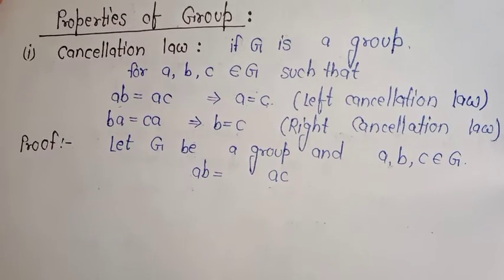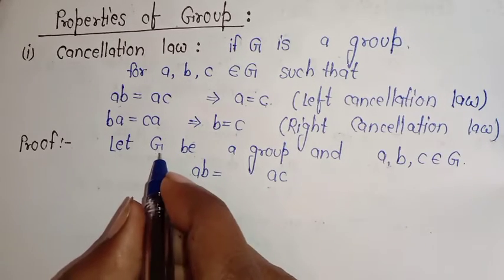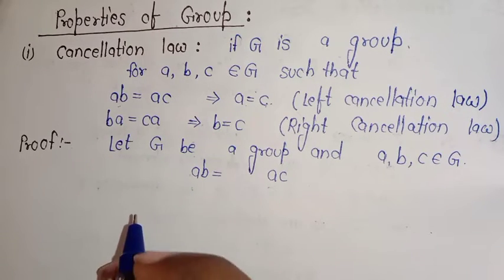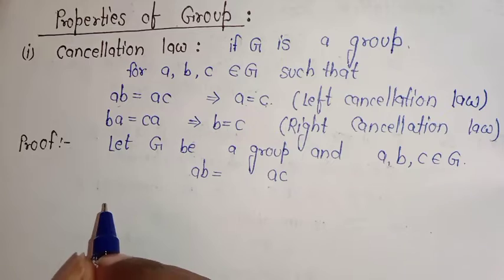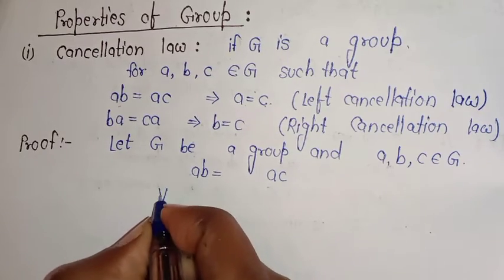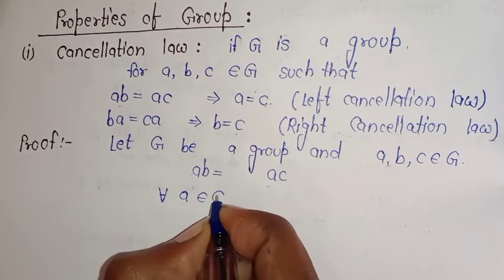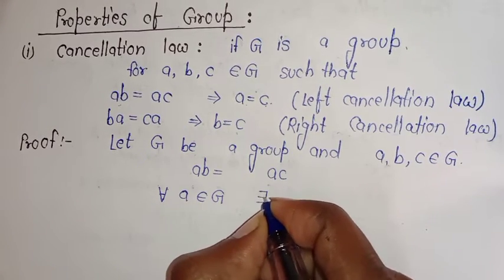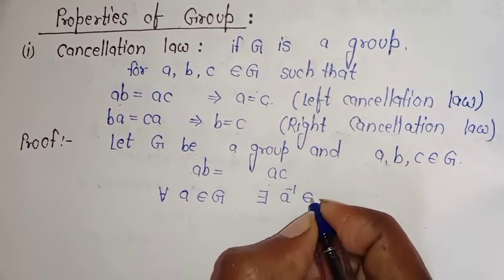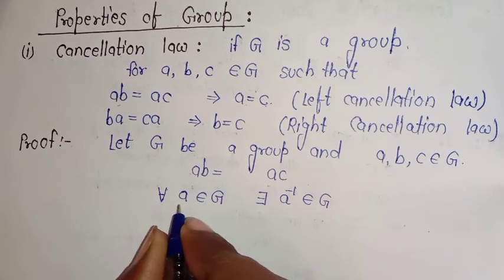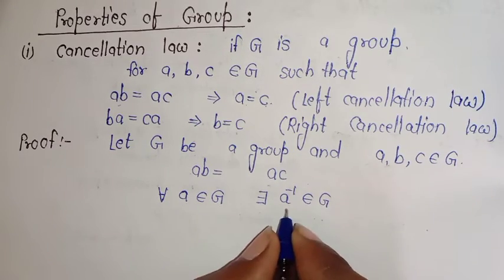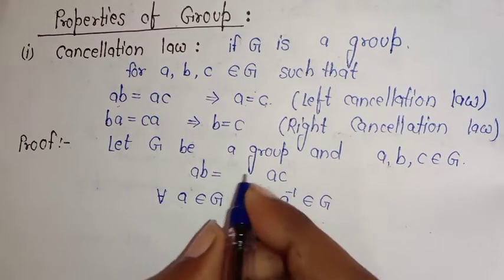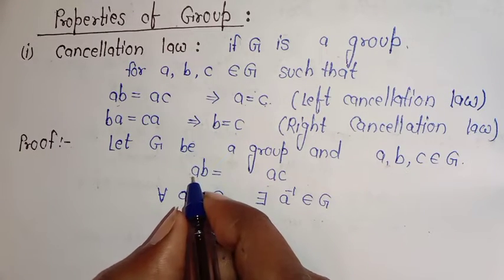So if ab is equal to ac and G is a group, then we know by property 4, that is existence of inverse, that for all a belongs to G, there exists a inverse belongs to G. That is, for each element of the group there must exist an inverse. So the inverse of a also exists.